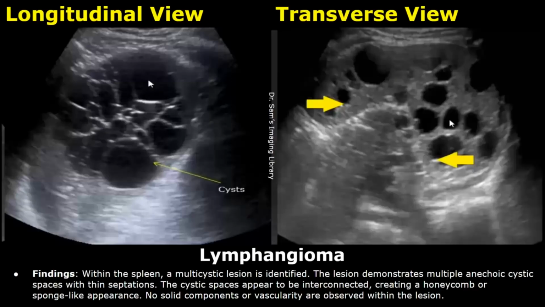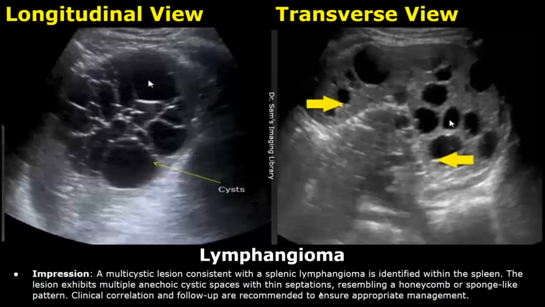In the impression, you can mention the lymphangioma and also mention multiple anechoic cystic spaces with thin septations, which resemble a honeycomb or sponge-like appearance.